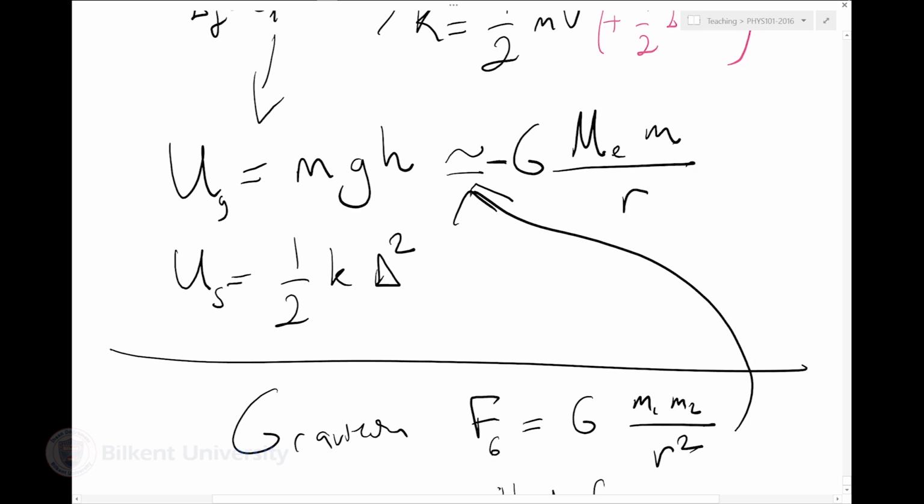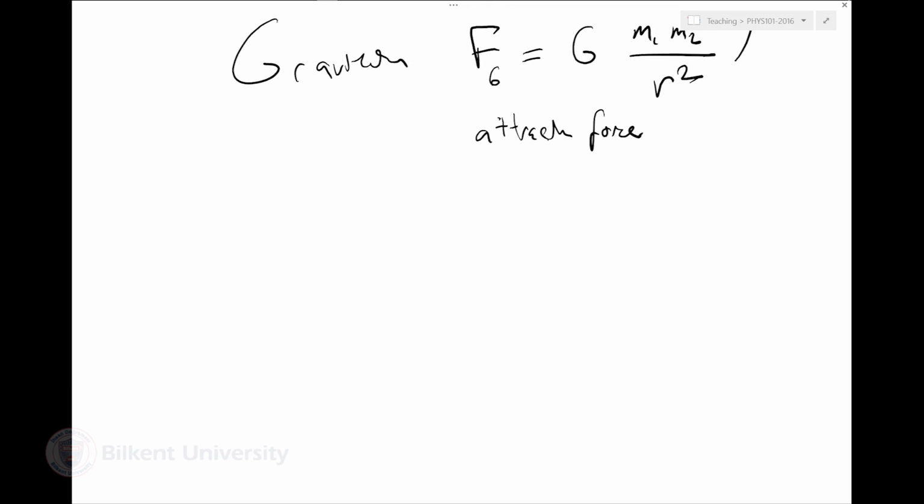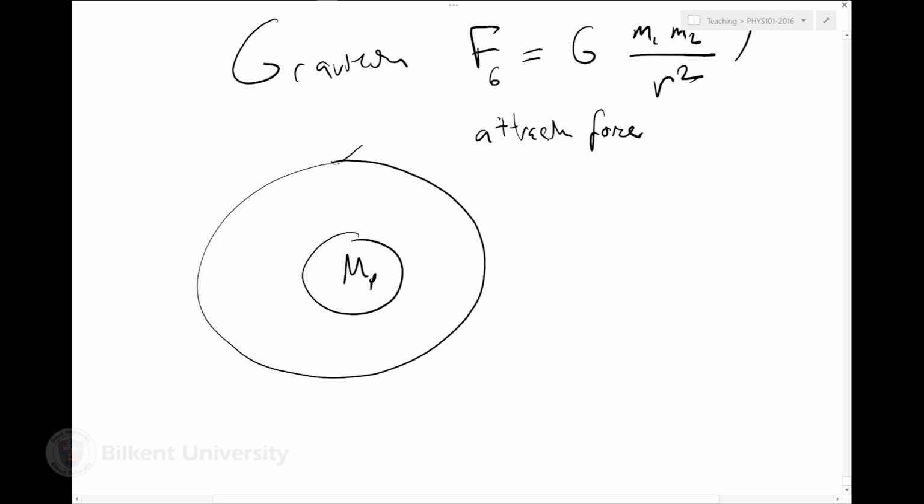So that's the gravitational potential. And if I have an attractive force like that, the gravitational attraction force, if I have some planet, I can have stable orbits around these planets.